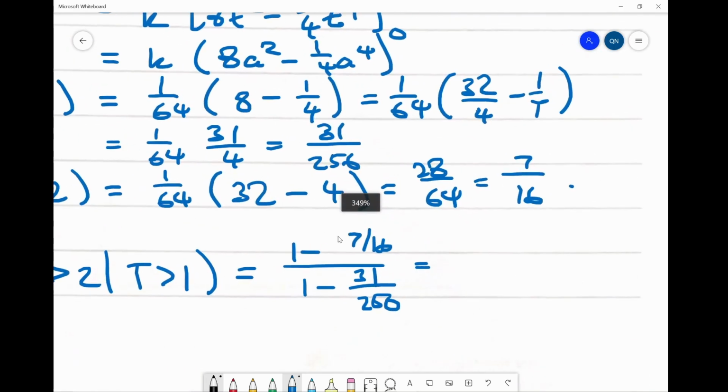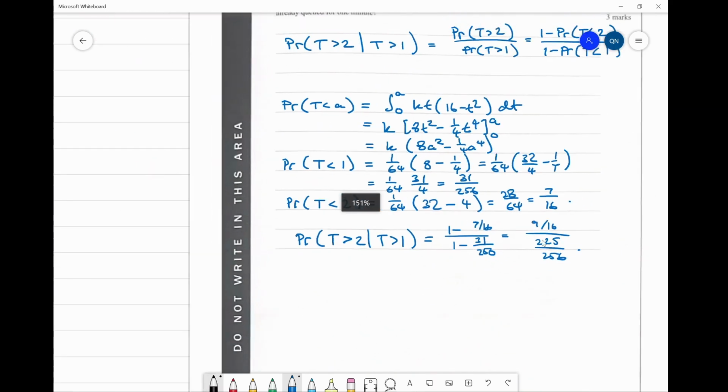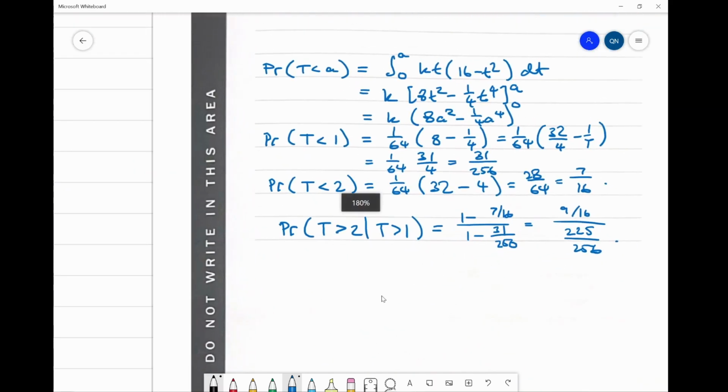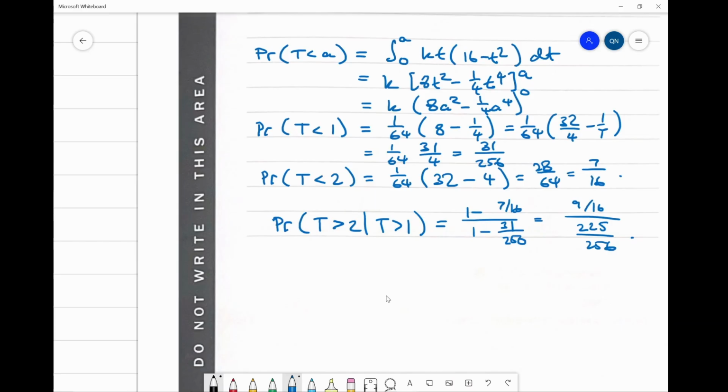Well, 1 is 16 over 16, so this just simplifies to 9 on 16, I believe. So 9 on 16 divided by, again, 1 is 256 divided by 256. So if you do the subtraction, that should give you 225 over 256, right? To simplify this fraction, we can just multiply the top and the bottom by 256, leaving us with 256 times 9 on 16 divided by 225.